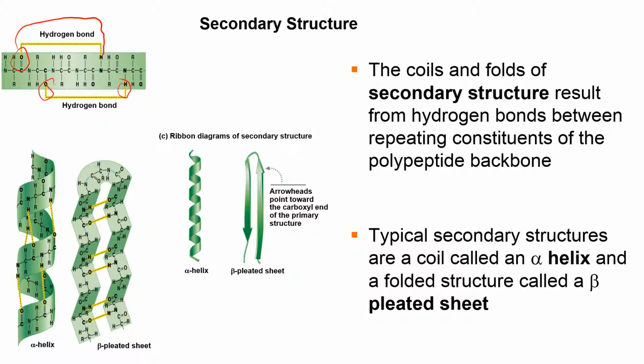You have hydrogen bonding. So the hydrogen bonding within the amino acids allows for the formation of secondary structure within a protein. You have regions that can have, they don't always have, but they can have alpha helices and they can have beta pleated sheets. So this contributes to the secondary structure of the protein.